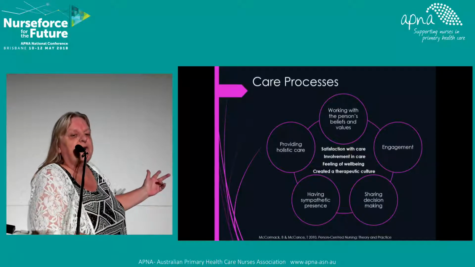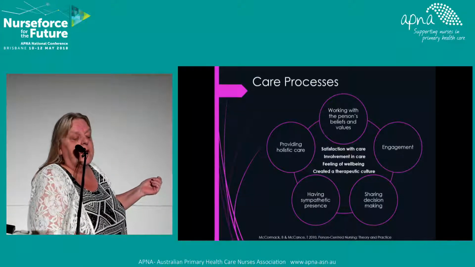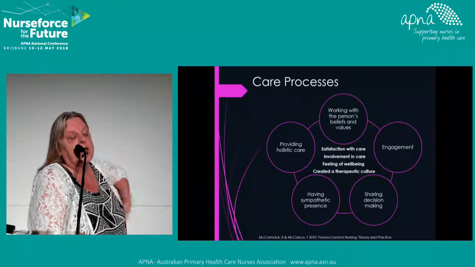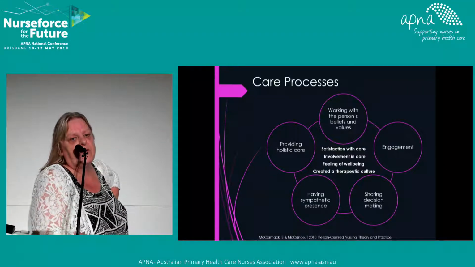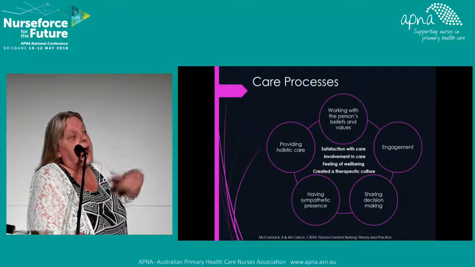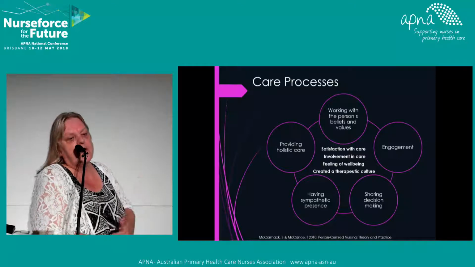Do we have time to know that? Not always, is it? Sometimes it's very quick in general practice. And if we're working with the person's beliefs and values, that's when we can actually engage with that individual. Engage truly with that individual as a person rather than an illness.